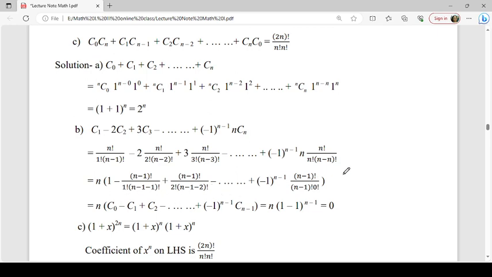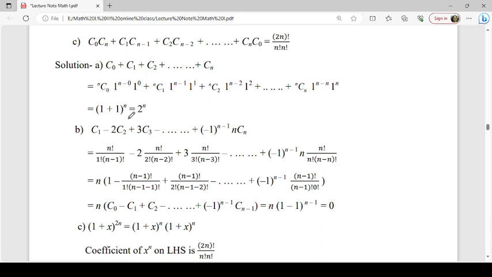So what we have is n times C naught minus C1 plus C2 up to C n minus 1, because it is n minus 1 C1, n minus 1 C2, up to n minus 1 C n minus 1. So it is n times C naught, C1, C2, the sign is alternating, and the last term is C n minus 1.